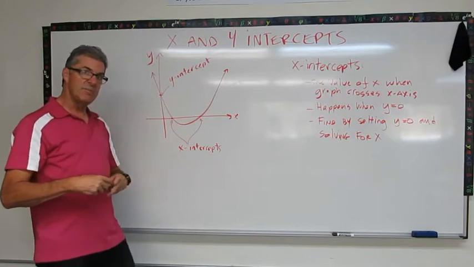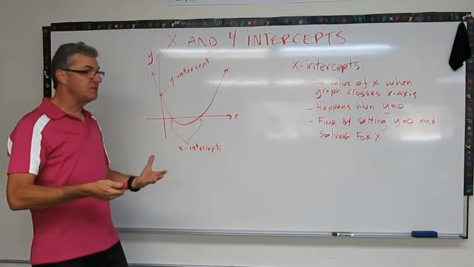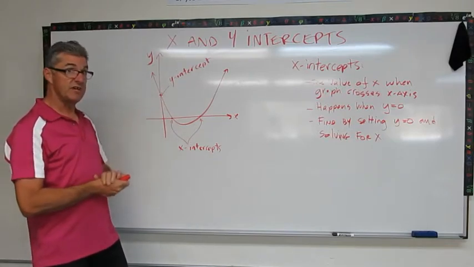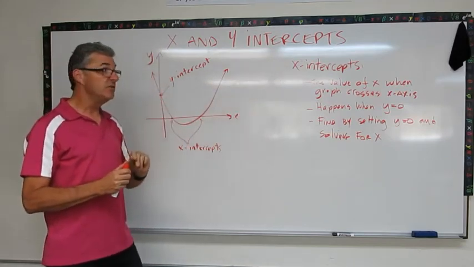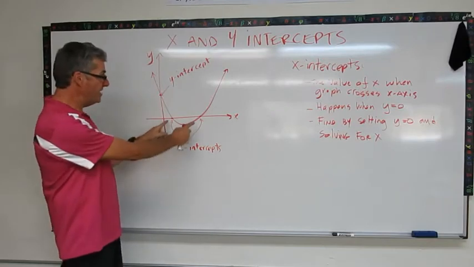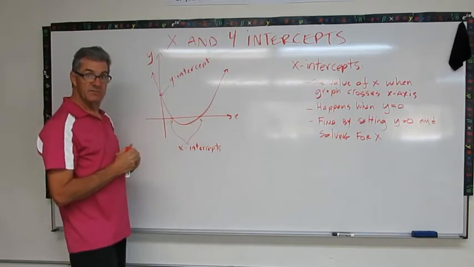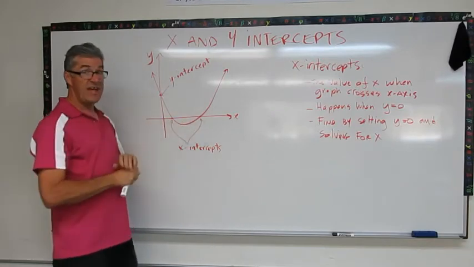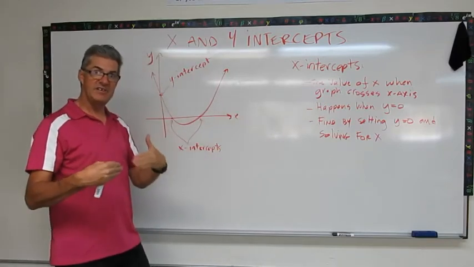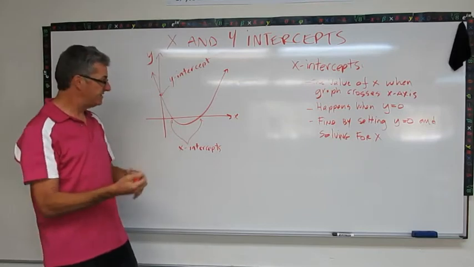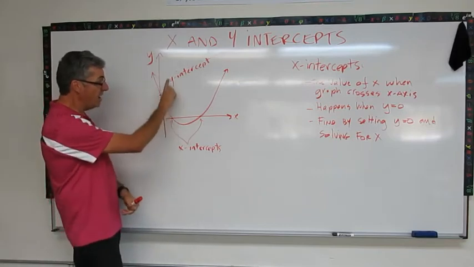So now I want to talk a little bit about some characteristics of each of these two kinds of intercepts. So first off, the X-intercepts. This is the value of X when it crosses the axis. So whatever X is right there, that's the X-intercept. This happens when Y is equal to 0. And that makes sense because right here, we're not up or down.